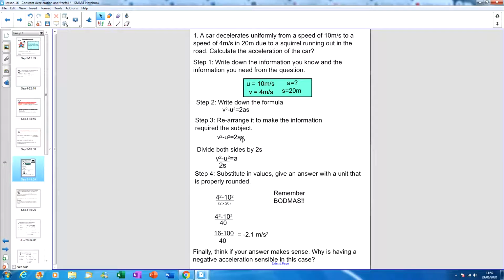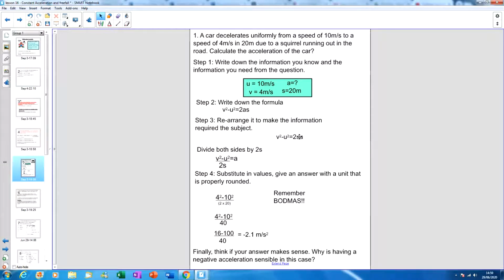Alright, so a key thing here, and I'll do it for you: 2as means 2 times a times s, and because multiplication is commutative, I can write down 2sa, because it doesn't matter what order you do multiplication in.